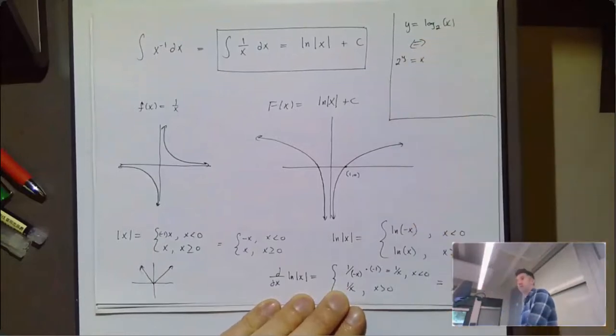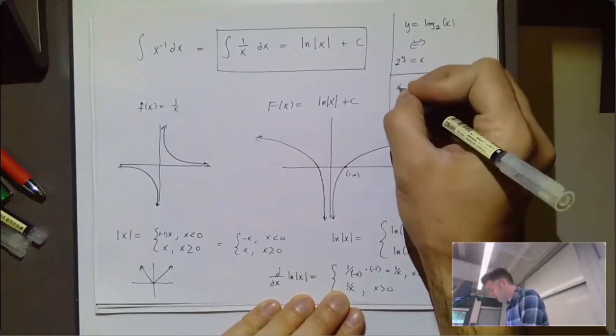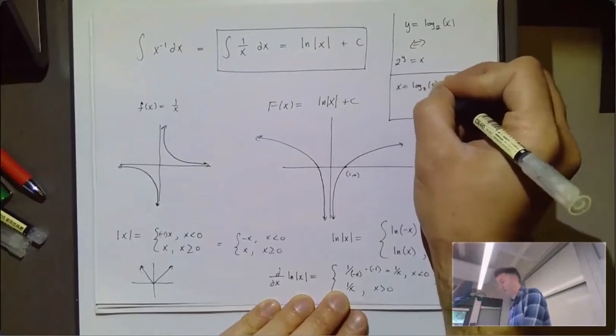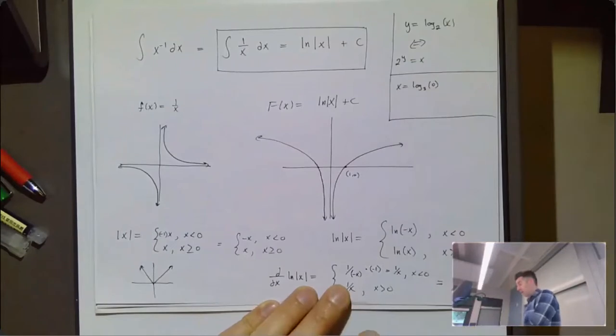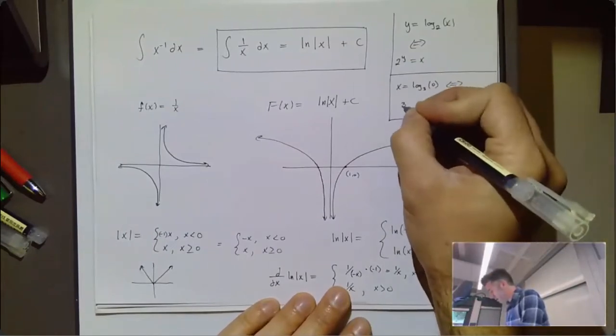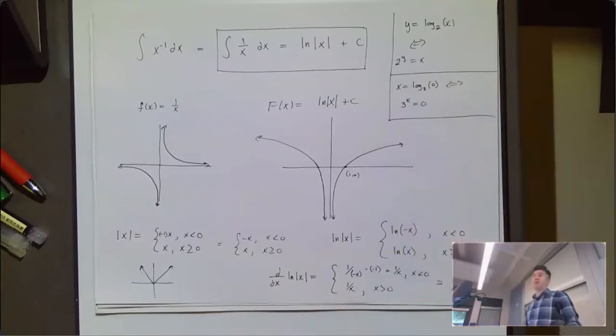So if I was going to try to find x equal to the log base 3 of 0, pretending it actually existed, that would be equivalent to 3 to the x equal to 0. But there isn't any x value where 3 to the x is equal to 0, right? 3 to the x is always going to be a positive number. So we can't solve it, which means this first thing doesn't really make any sense. Yeah, it's a good question.